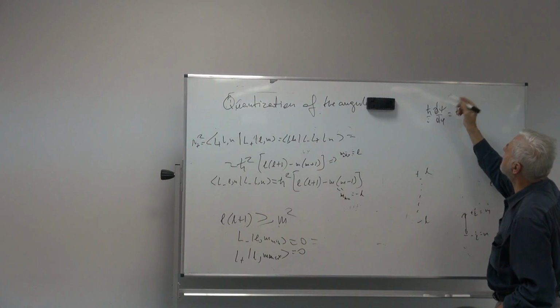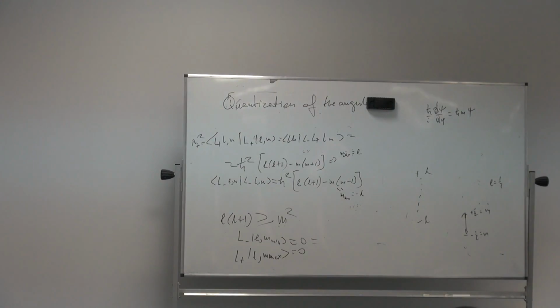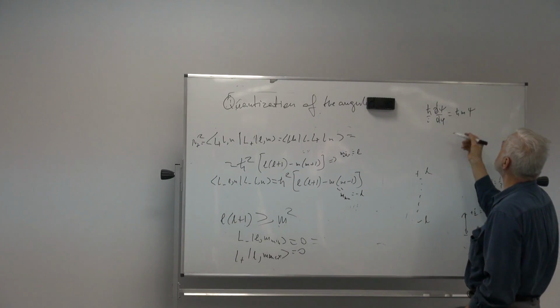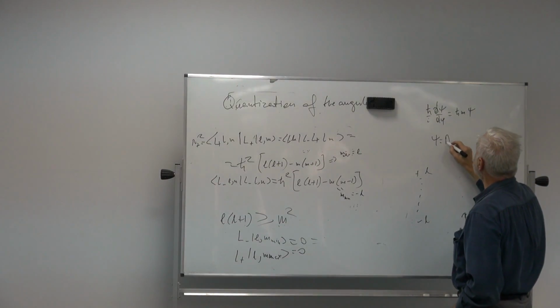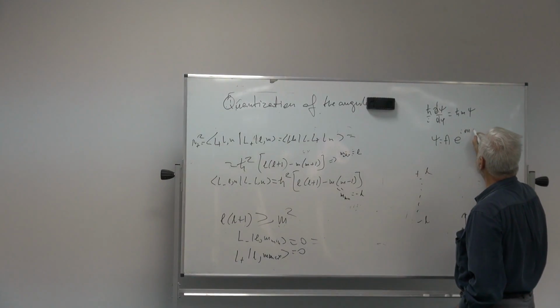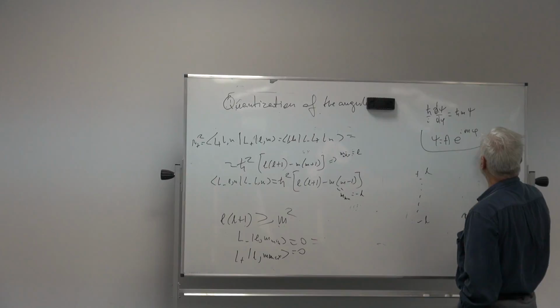If there is only one variable of interest, I can put an ordinary derivative. And of course, this equation has the solution psi equals some normalization constant times e to the i m phi.